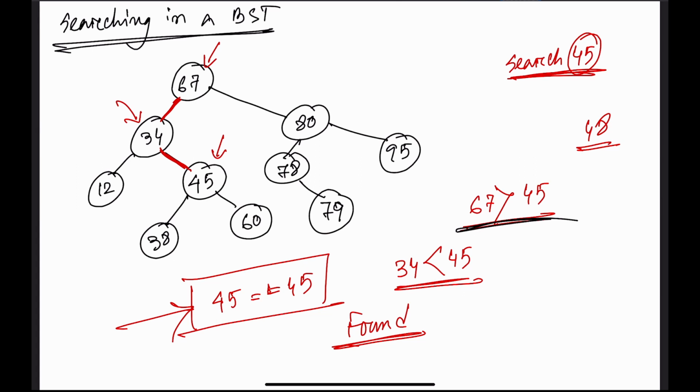Okay, now finding the nodes with minimum and maximum key. Okay, so this is a very common thing. Like for example, the minimum value is here, the maximum value is here.